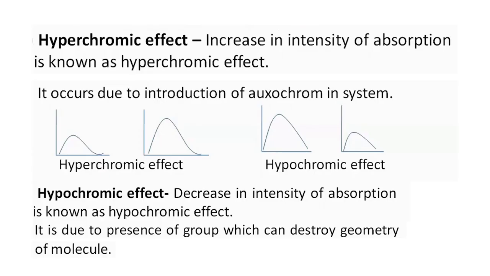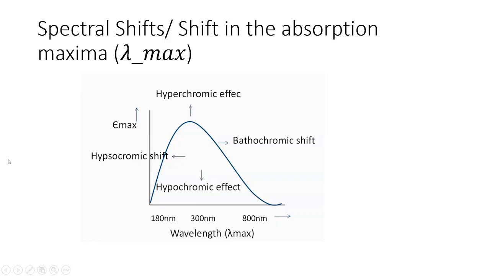hypochromic effect. Another, spectral shifts or shifts in the absorption maxima at a glance in a picture. If the lambda max shifts toward the longer wavelength, it is called the bathochromic shift, and on the other hand, if it shifts toward the shorter wavelength, that means the left side, it is called the hypsochromic shift.